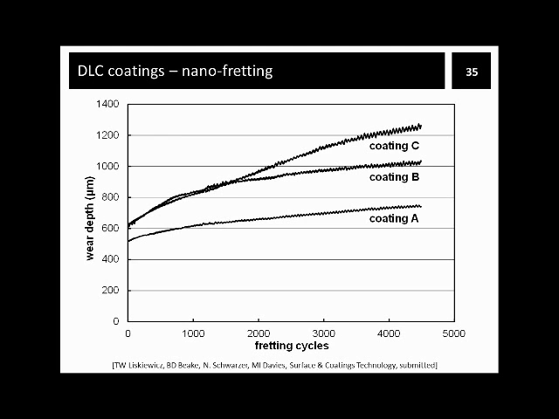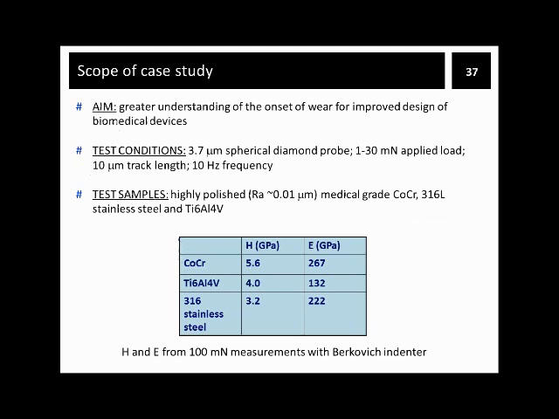So finally, case study number 3 on nanofretting of biomaterials. The aim of this study was to gain greater understanding of the onset of wear for improved design of biomedical devices through improved nanomechanical testing. We used a 3.7 micron spherical diamond probe.